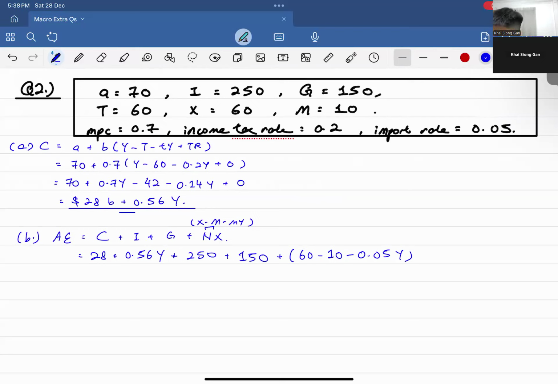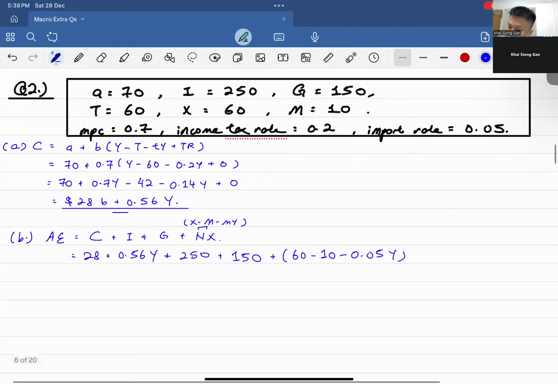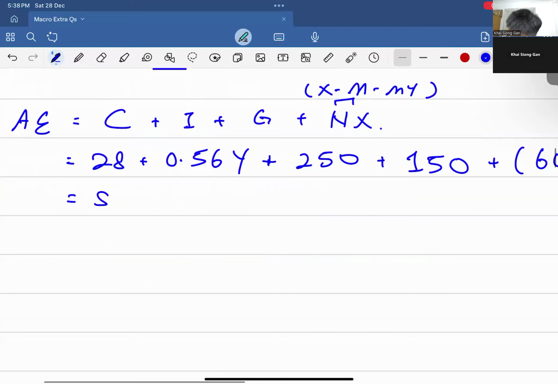Double check your values to make sure that you do not make any careless mistake. If not, it's a bit wasted because usually these kinds of questions are very, very easy to score. So try not to make any mistake.